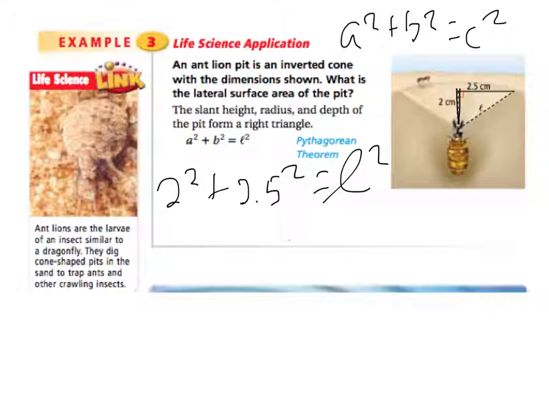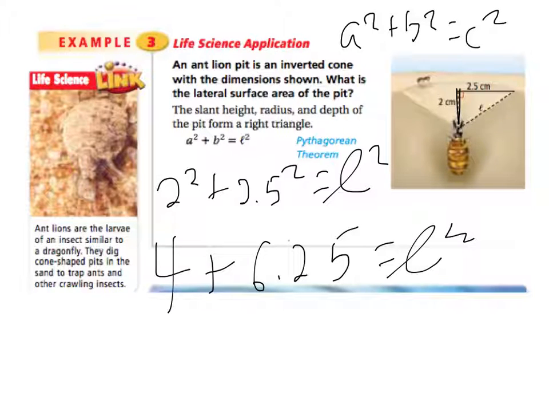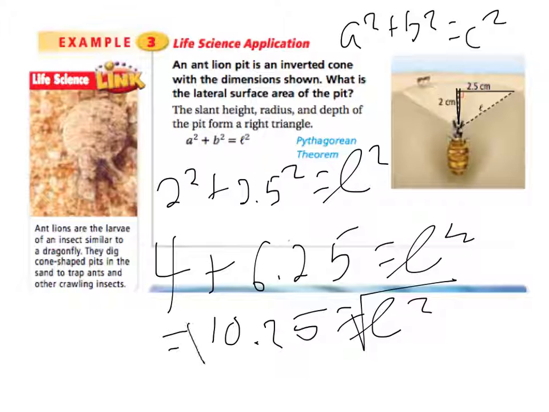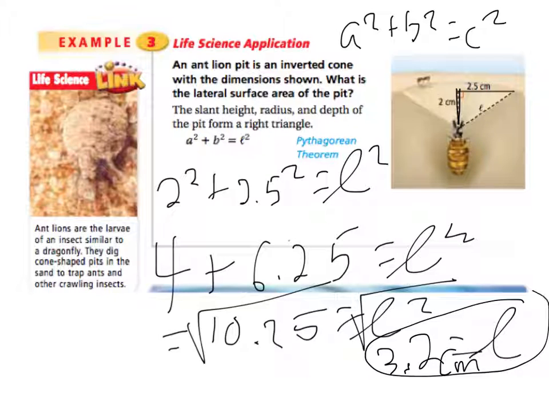So 4 plus 6.25 is 10.25, which is equal to the slant height squared, and we have to take the square root of that. So the length is going to be about 3.2 centimeters. Okay, so you guys see how we use the Pythagorean theorem to figure out the slant height.